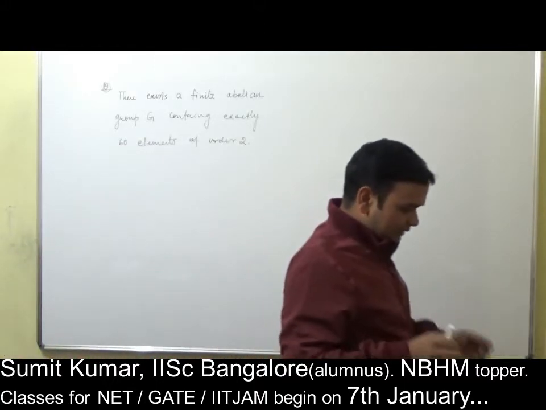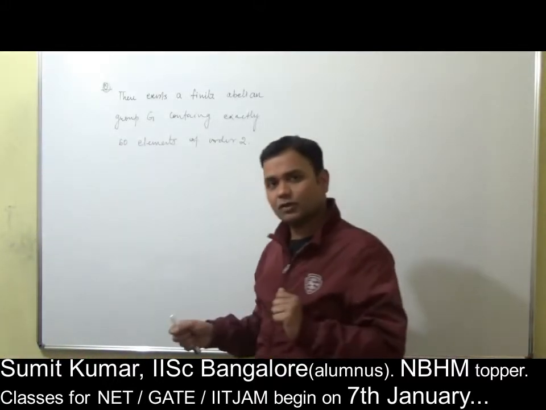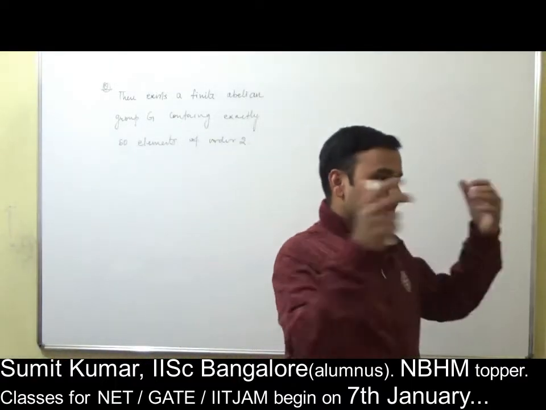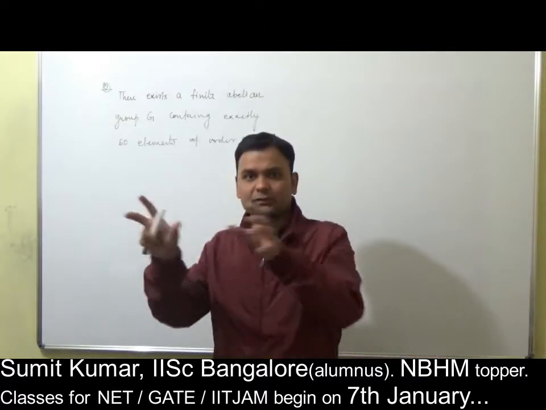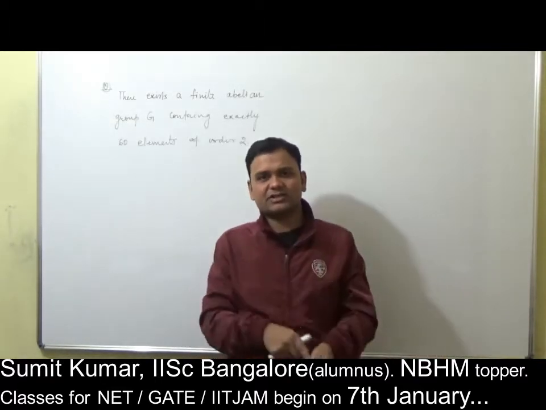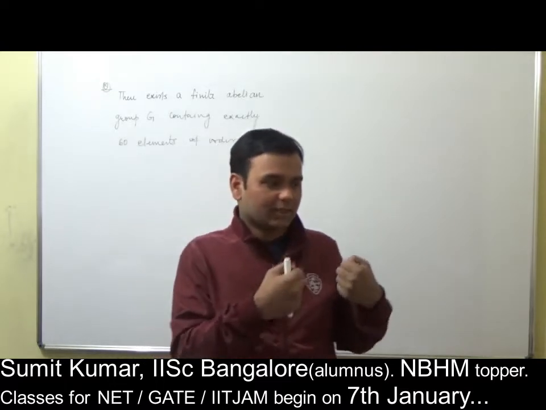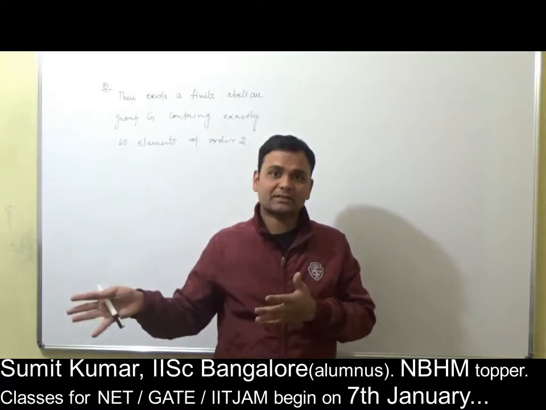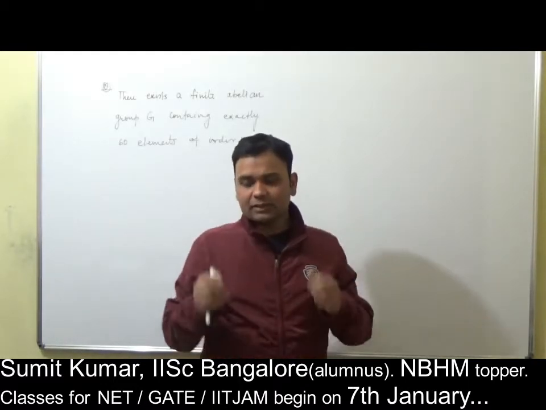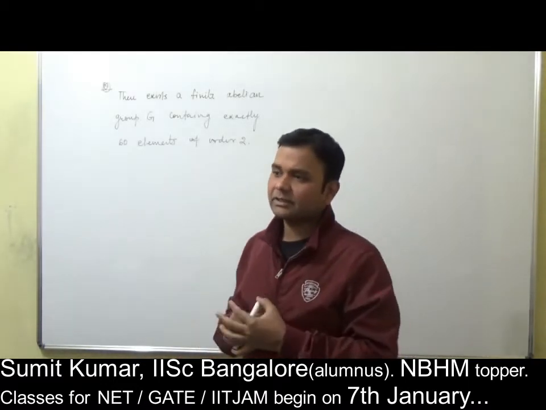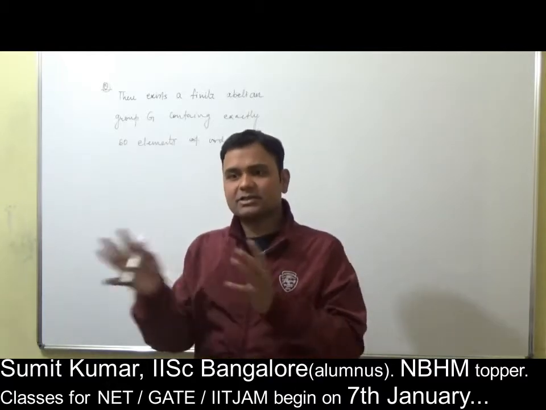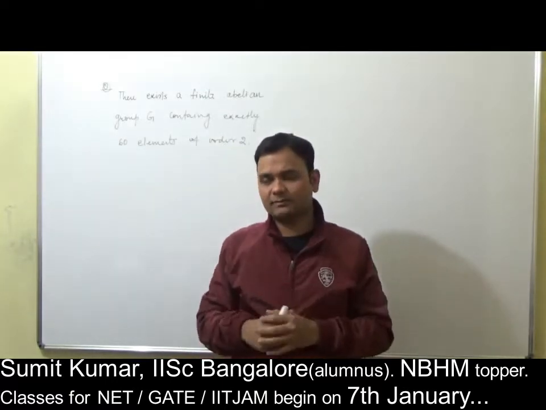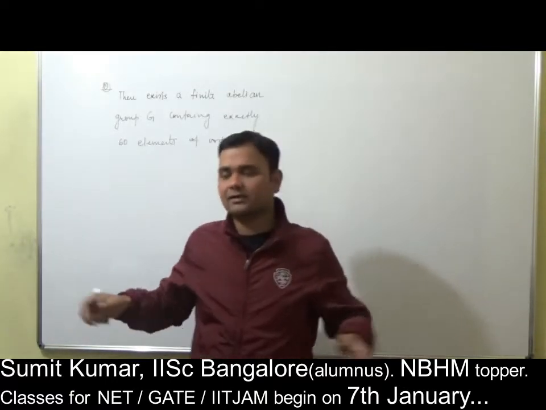Recall there are some theorems related to finite abelian groups, describing what a finite abelian group looks like. That theorem is called the structure theorem: if you give me a finite abelian group of order 10, then these are the choices for G. Or if you give me a finite abelian group of order 20, then these are the possibilities, meaning that group is isomorphic to one of these groups.